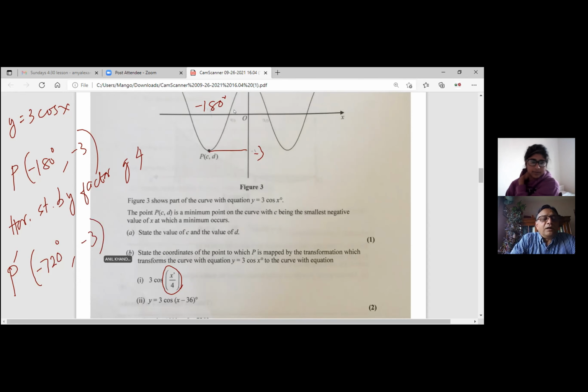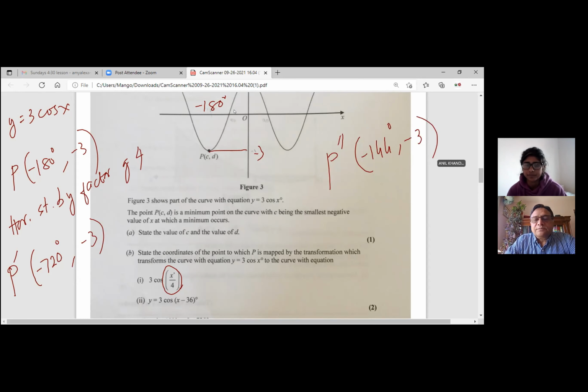So that is for part A. And the second one is y equals 3 cos of (x minus 36). So when you say minus 36, it is moving right 36 units, right? So just add 36 to it. So we have the x-coordinate as minus 180 plus 36. What do you get? Minus 144, minus 3. Correct. Next.